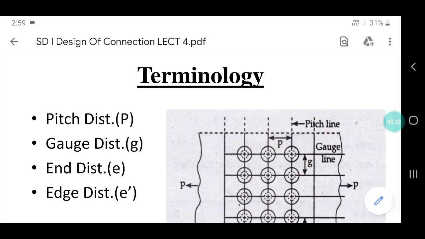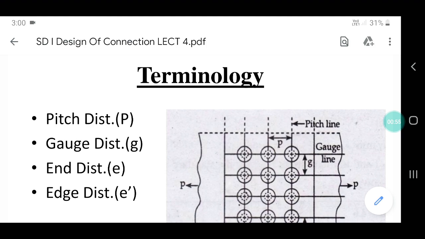In this type there are divisions of different types like single cover butt joint, double cover butt joint, single bolted lap joint, double bolted lap joint. Their advantages, disadvantages, and all the terminology we studied in the previous lecture.